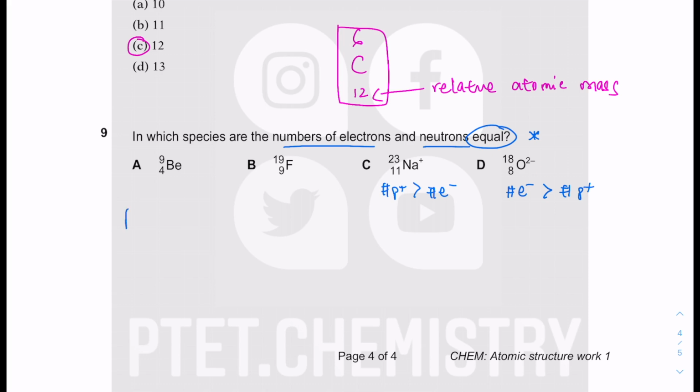Okay, so if I were you, I would go on and set up the proton, electrons and neutron kind of imaginary table. So the proton number is 4 because it's element number 4, proton number is 9, proton number is 11, and proton number is 8. These are the identity of the element based on their proton number, as you would have known from the periodic table.